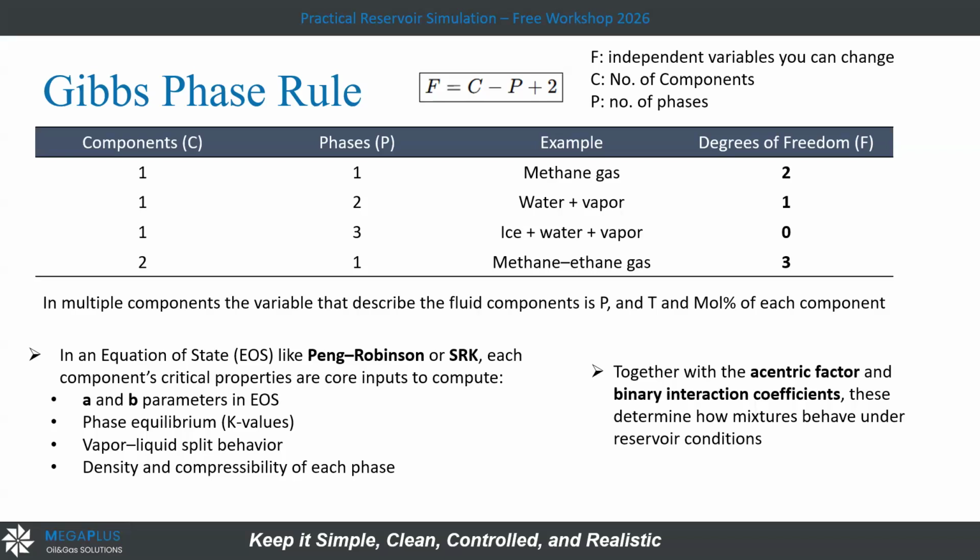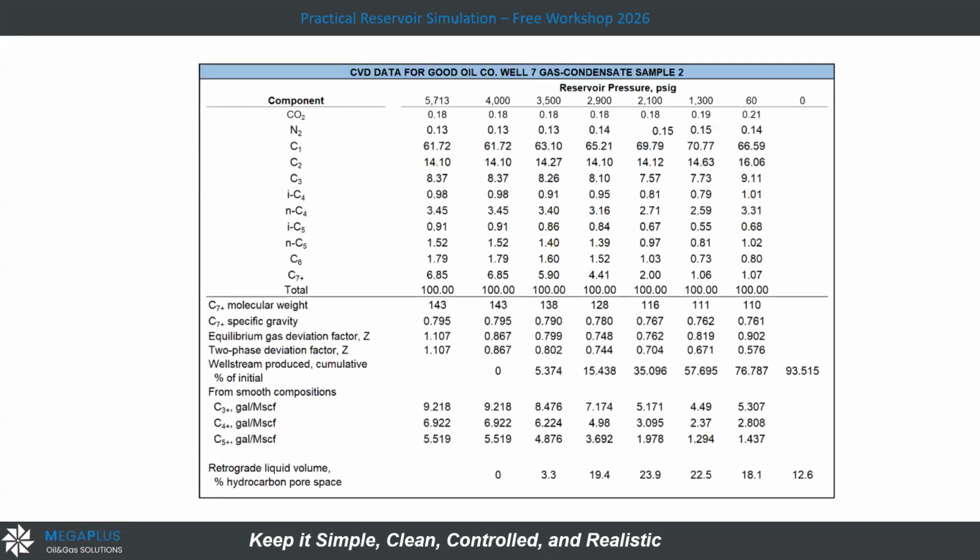What Gibbs phase rule says, in the 20 components, I will have pressure and temperature and 19 mole percentages, and the last one will be the rest of the 100. So I have to insert the mole percent for these components at a certain pressure and temperature.